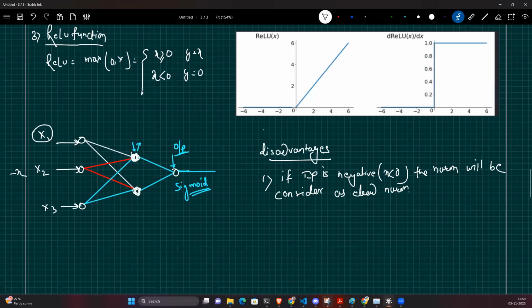But there are some advantages as well. What is the advantage? As you can see, there is no complex exponential term. It's a very simple y is equal to x function, so calculation-wise it is very fast. If you apply this activation function on your neuron side, then the computation power will get enhanced.